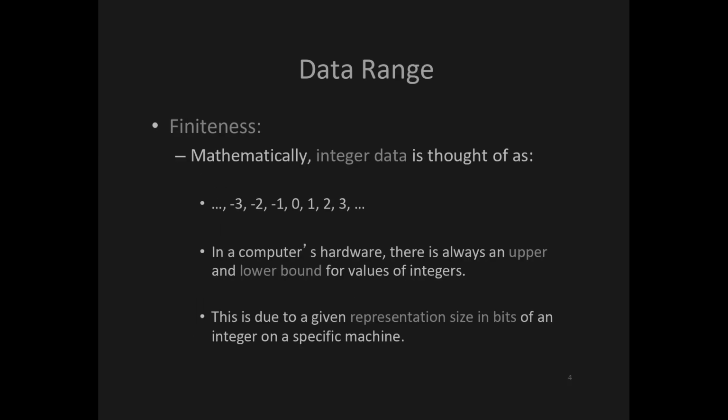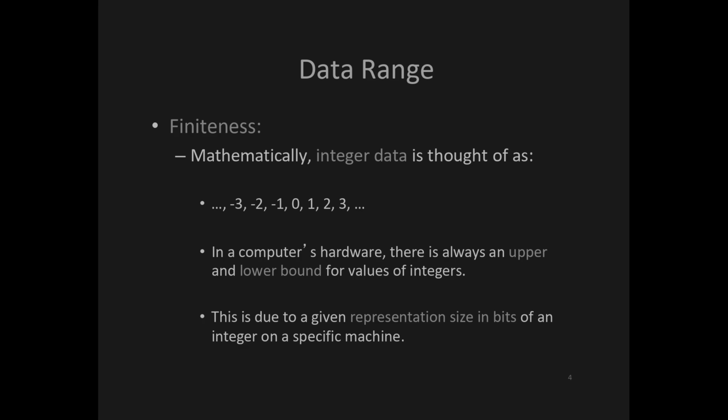Now, a data type has a range of values that it can have. But due to hardware limitations, or rather literal impossibility, there's always going to be an upper and lower bound for values, okay?